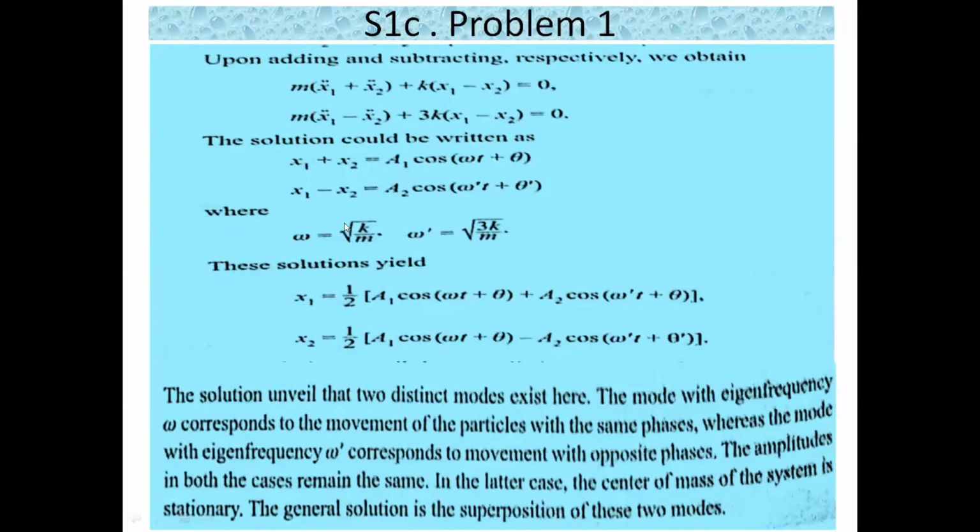Solutions unveiling. Frequency omega forms to the movement of phase and movement identity. And which is slide number 2A.